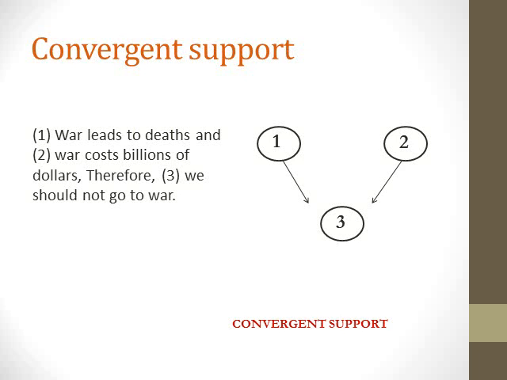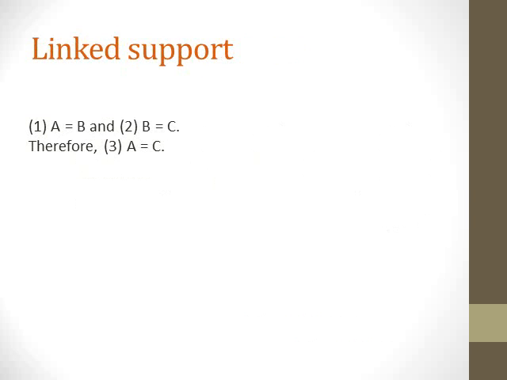Now, some people sometimes ask, how many premises can make up a convergent support, and the answer is 2 or more. So you could have 2 premises that make up a convergent support for a conclusion, or you could have 200 premises that make up a convergent support for a conclusion. Okay, so before I get into the second type of major support, I just want to expand on what I said earlier about how many premises are needed to constitute a convergent support.